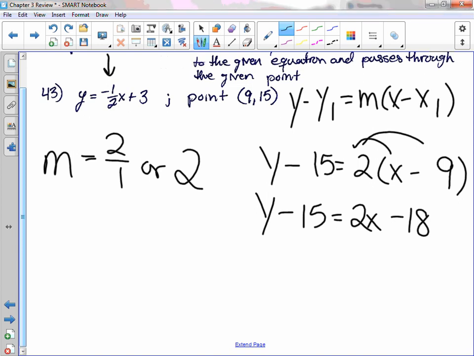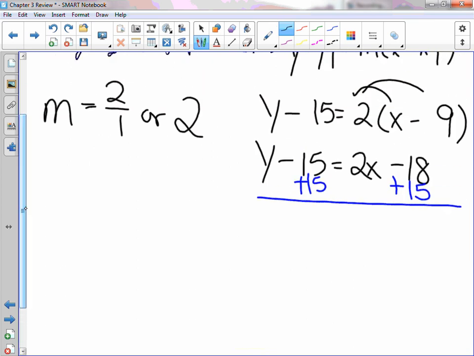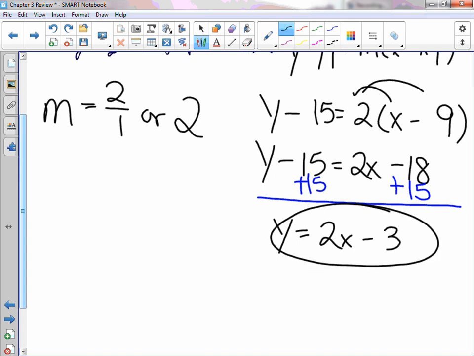We need to get y by itself by adding 15 to both sides. And when we add 15 to both sides, we get y is equal to 2x minus 3, and that's it. Questions on this here? Any questions on this here?